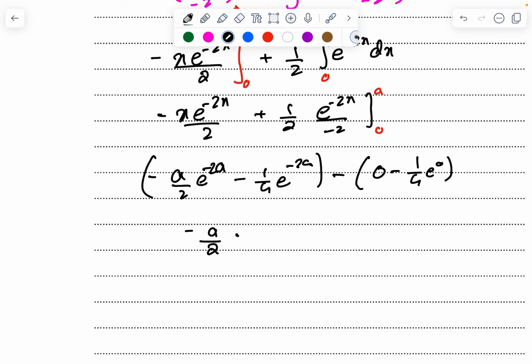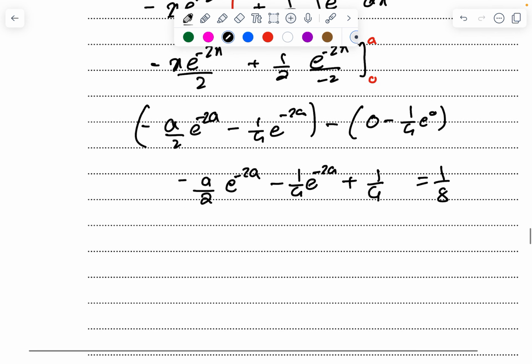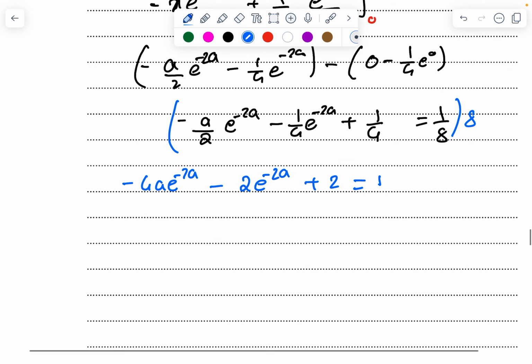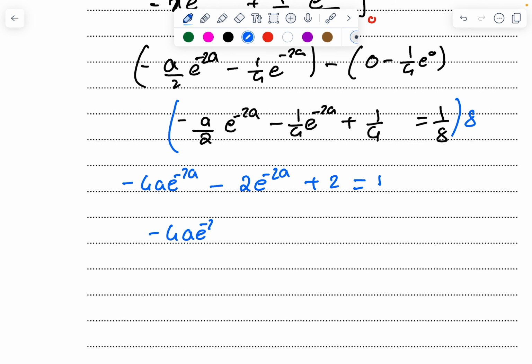Minus a upon 2 e power minus 2a minus 1 upon 4 e power minus 2a plus 1 upon 4. This should be equal to 1 upon 8. So multiply totally by 8. It becomes negative 4a e power minus 2a minus 2 e power minus 2a plus 2 equals 1. So minus 4a e power minus 2a minus 2 e power minus 2a plus 1 equals 0.